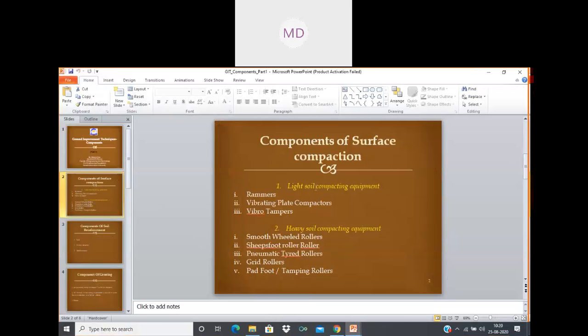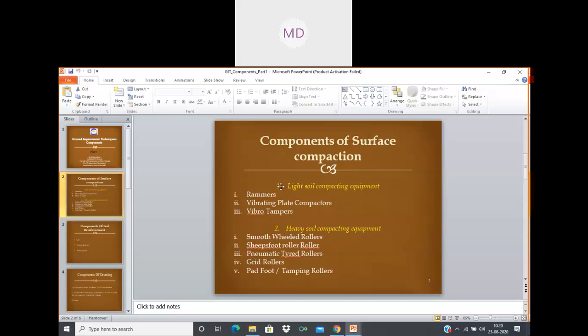Generally it is classified under two categories, light soil compacting equipment and heavy soil compacting equipment. This light soil compacting equipment we can use if the amount of compaction required is less. Okay, and if the amount of compaction required is more, then we use heavy soil compacting equipment.